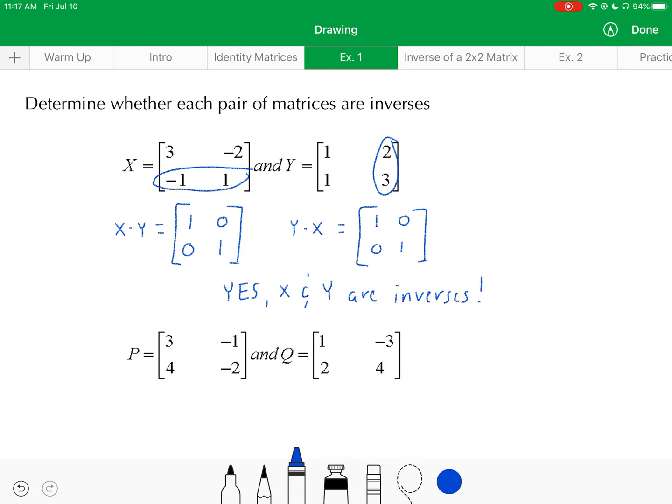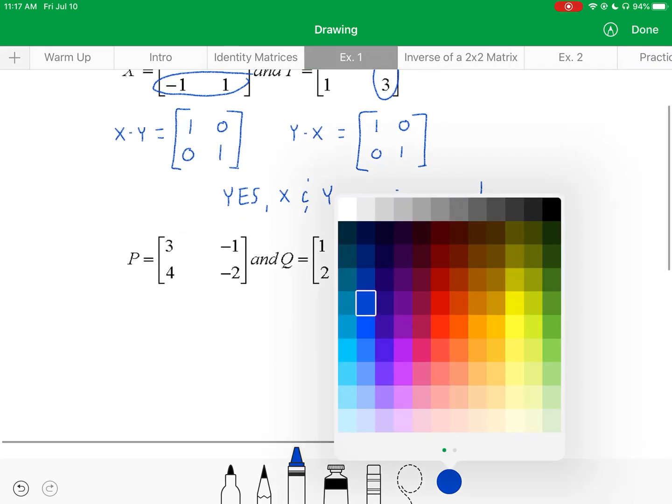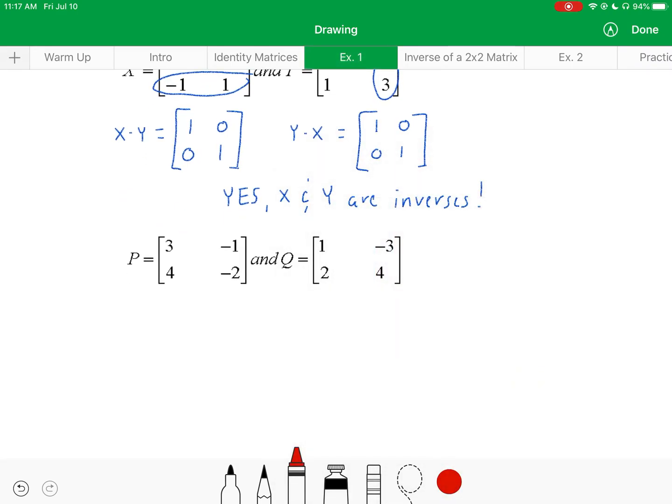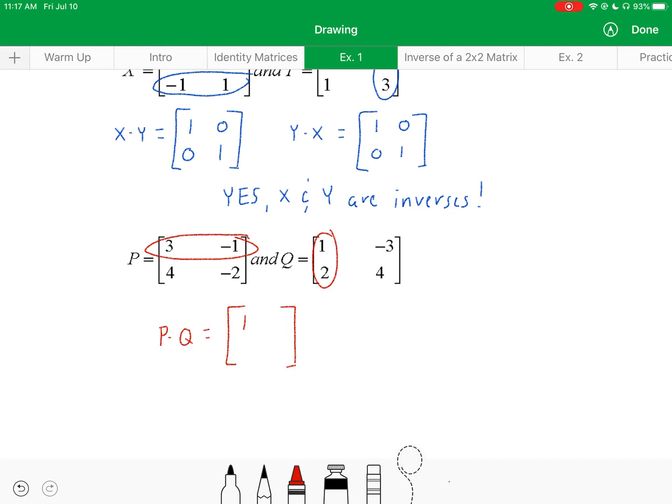Now what about the second pair of matrices, P and Q here? Let's go after the product PQ, another 2 by 2. If I do first row and first column elements, 3 times 1 added with -1 times 2, that's going to give me 1. So we're starting off good. Now move over to second row, second column.